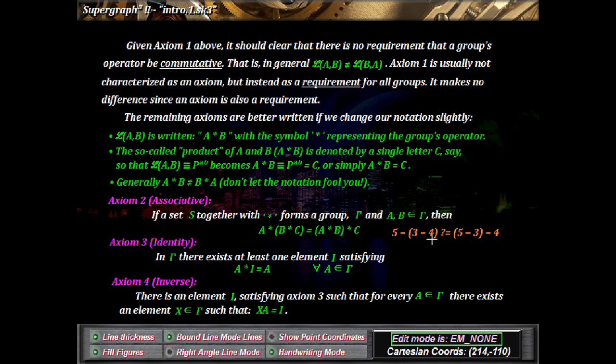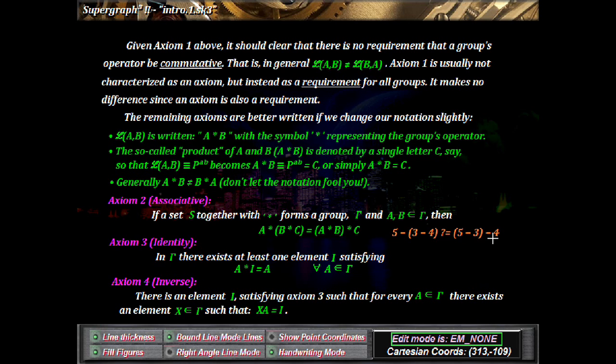Well, 3 minus 4 is minus 1, because the bracket tells you that you have to work this part out first before going on. And 5 minus minus 1 is 5 plus 1, which would give 6. So this side is 6. And here, 5 minus 3 is 2.